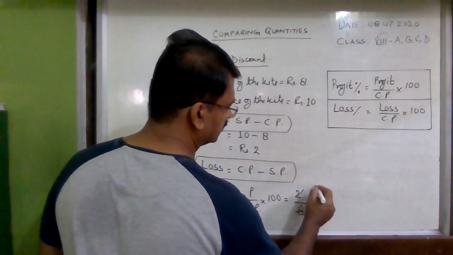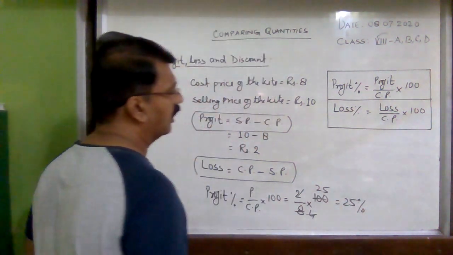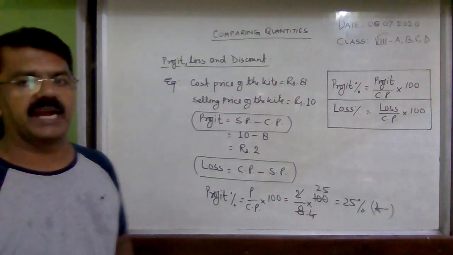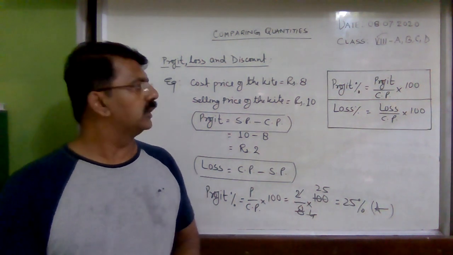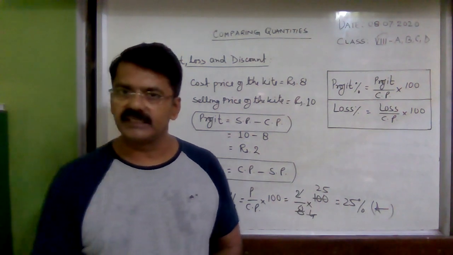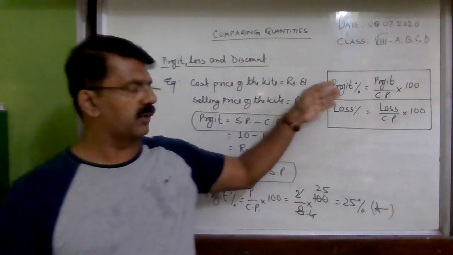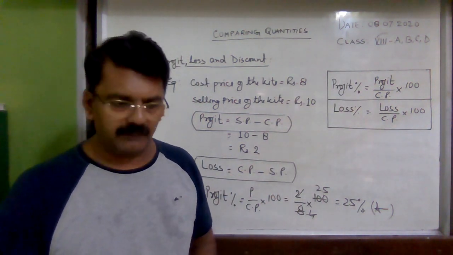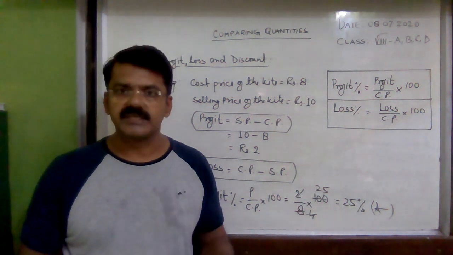So you can see there is a profit percent of 25%. That means by selling that kite for rupees 10, you are going to earn a profit percent of 25%. Is it clear? So I hope profit, loss, profit percent and loss percent are clear to you. Now I'll tell you about discount.